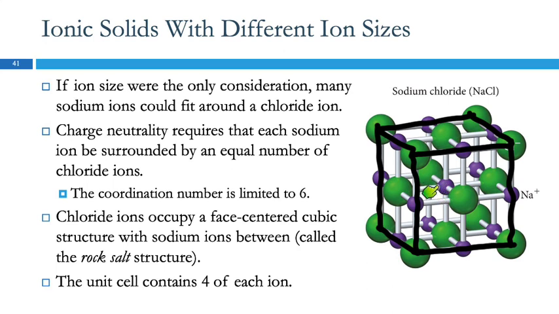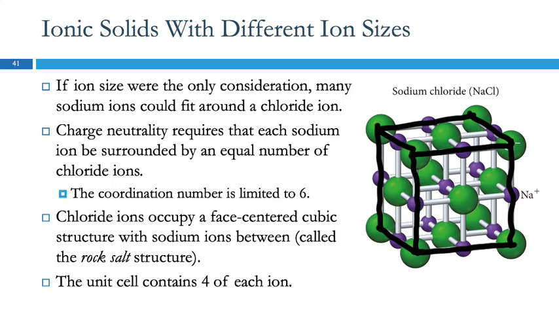The purple's in the middle. This is on the face, right? So on the face is the face-centered. And so face-centered, we're going to have 4 ions of each kind. The sodium ions are going to be sitting in between.